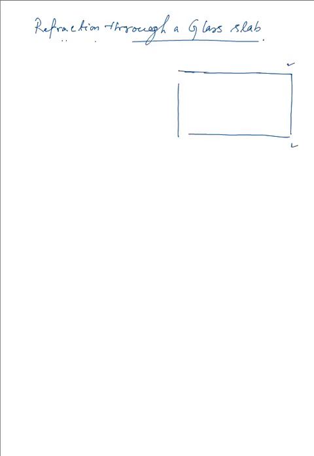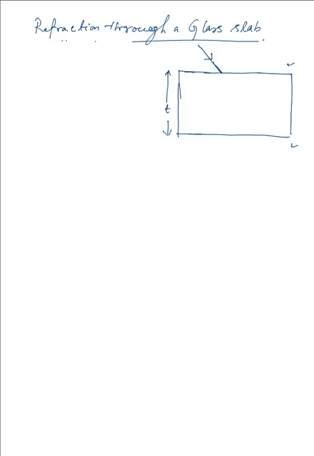And obviously, because this is a slab, it has a thickness of t, and we consider the slab to be placed in a certain medium which is obviously optically rarer, and the glass being the optically denser medium.